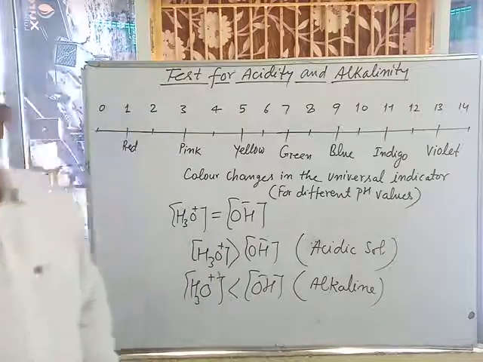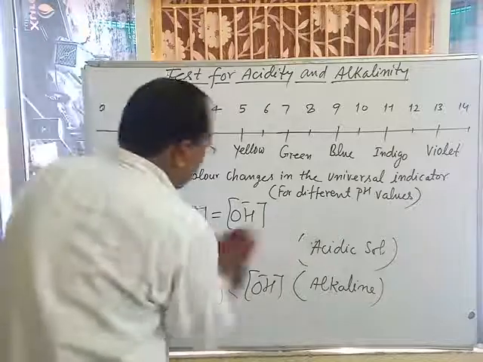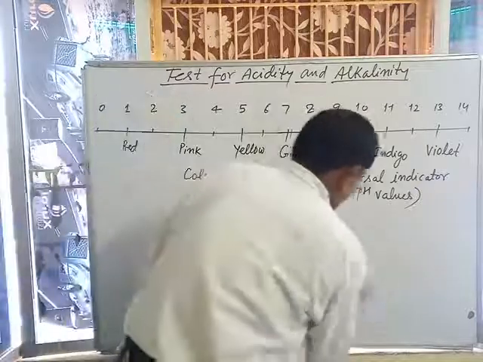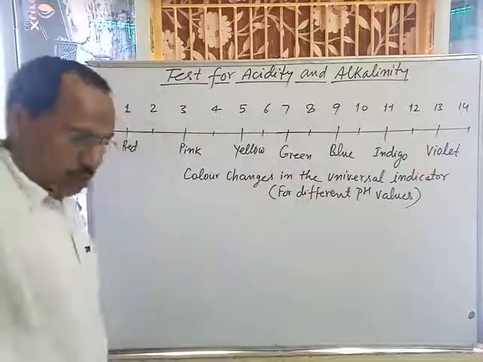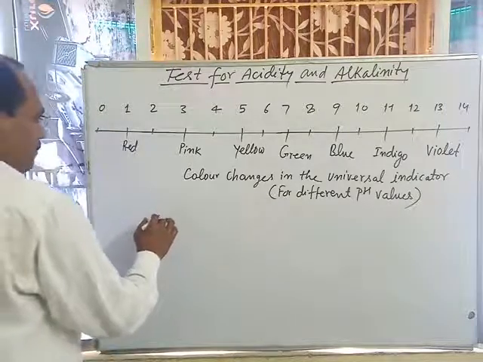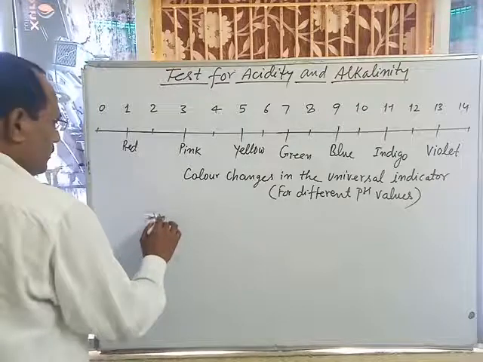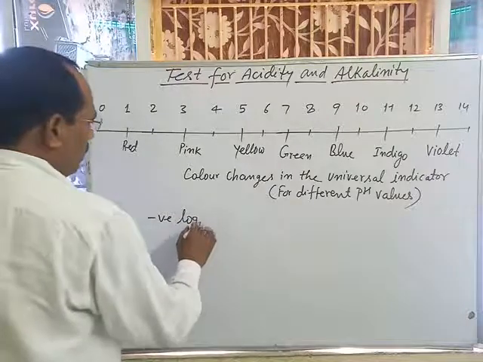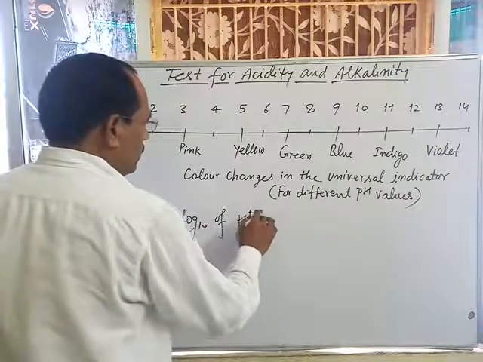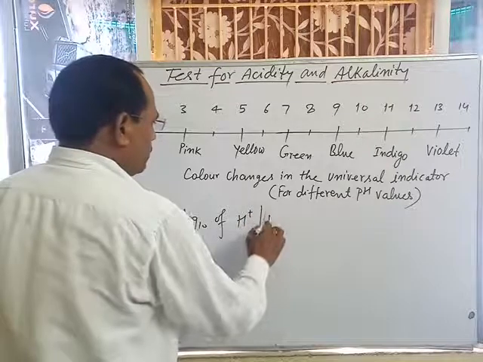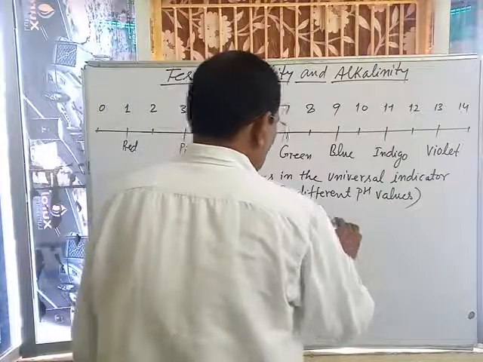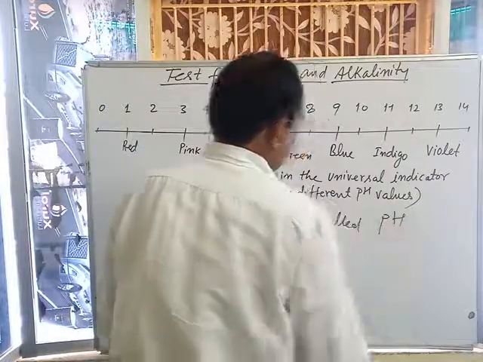The expression of concentration of hydronium ion and hydroxide ion was best explained by Sorensen, and he explained that the negative log to the base 10 of hydrogen ion or hydronium ion concentration is called pH.